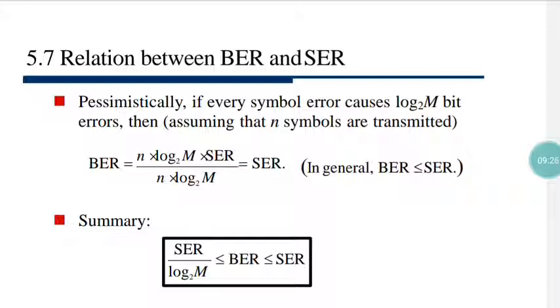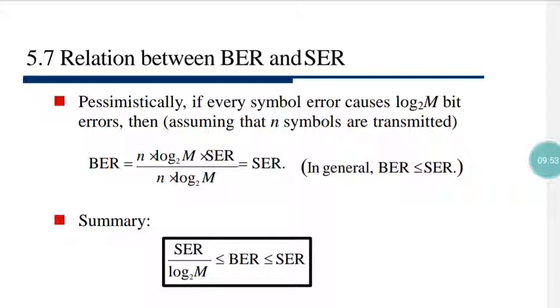So BER equals SER for what case? Only if every symbol error has log2 M bit errors. So what is the final summary we can draw? In general BER is less than or equal to SER, but BER basically falls in the range of SER by log2 M to SER.